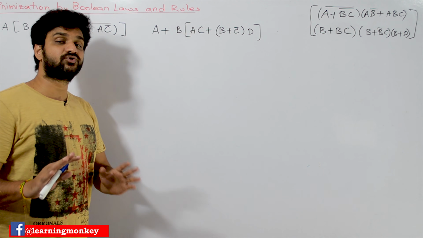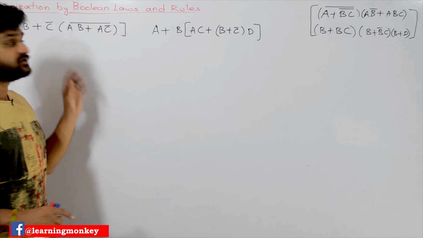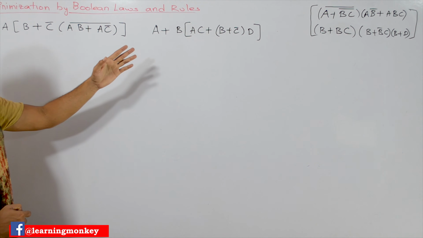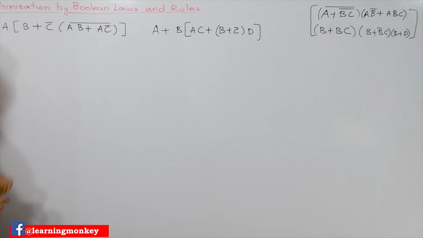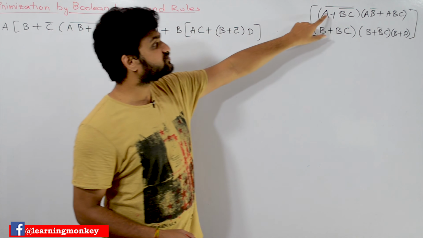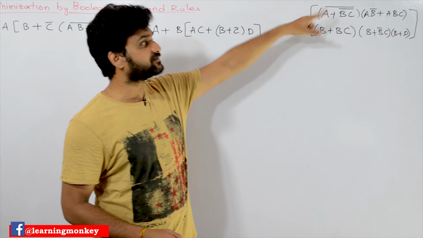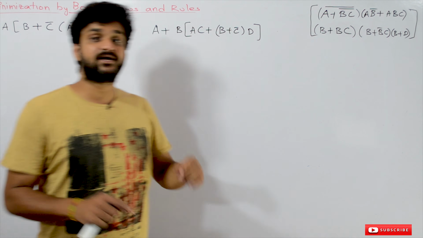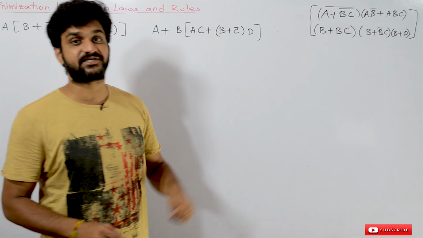Hoping that you know all those rules and laws, we are proceeding with these examples. It's very simple. By applying the Boolean laws and rules, we are going to simplify it. Directly we will solve these two examples, and you try to solve them on your own using your Boolean laws and rules, and give the answers in the comment section below.